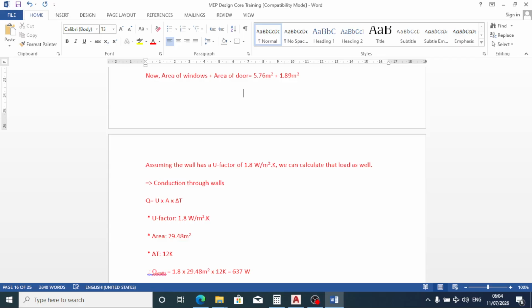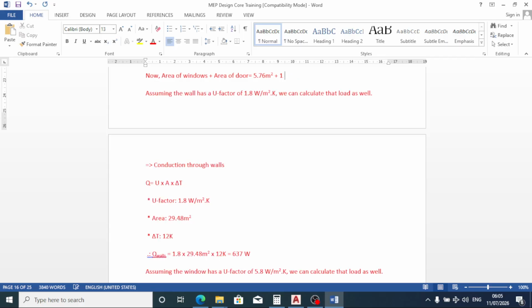I don't think we need this part since we've already computed for wall area.